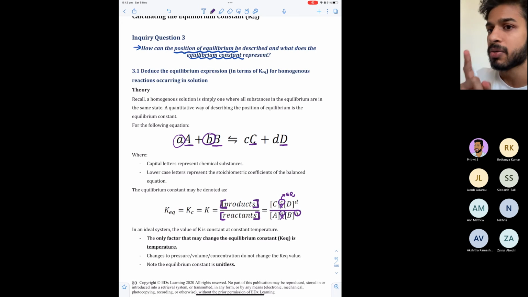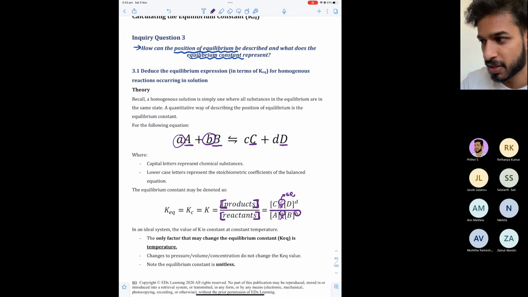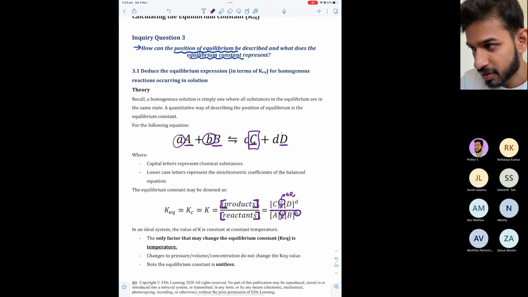Now, this will make a lot more sense when we go through exam questions. But for now, I want you to remember this formula, right? The equilibrium constant is a product of the products. So you multiply the concentrations of all products together. But for every single product concentration, you must raise it to the power of whatever number is in front of it.